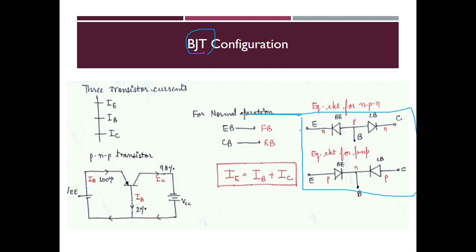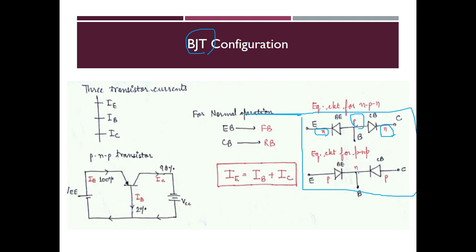Here this cathode will act as the N type and this cathode will act as the N type, and these two anodes are joined with each other and act as a P type material, thereby creating an NPN transistor.